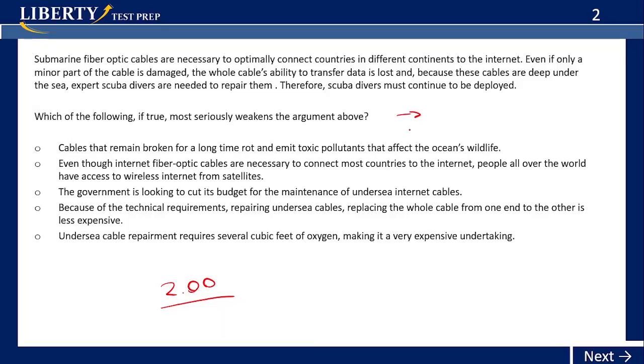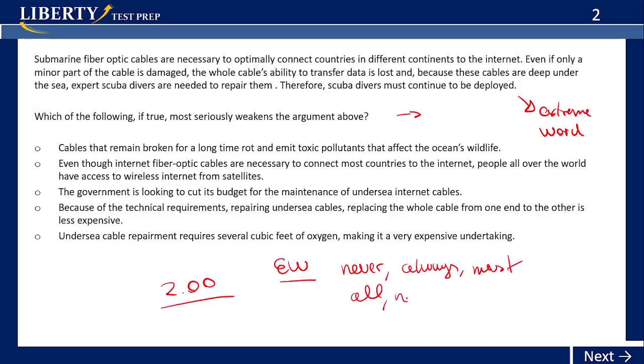Okay, so basically here we have to be careful with the extreme word in the conclusion, right? What are extreme words? Extreme words are things like never, always, must, all, none.